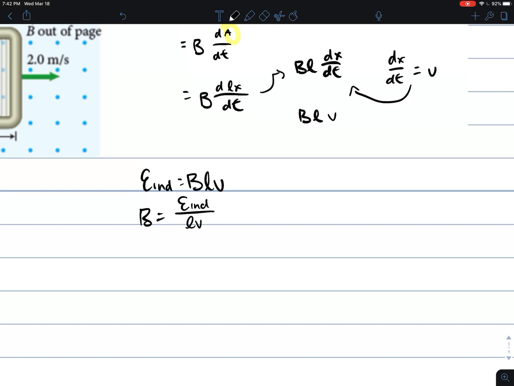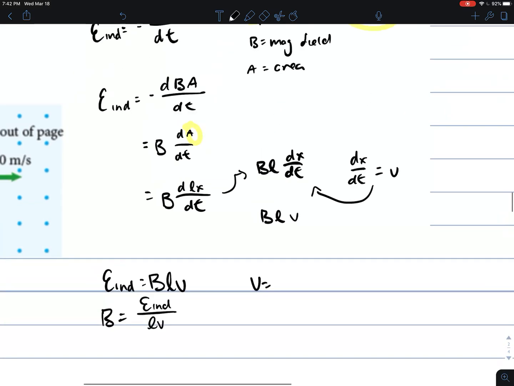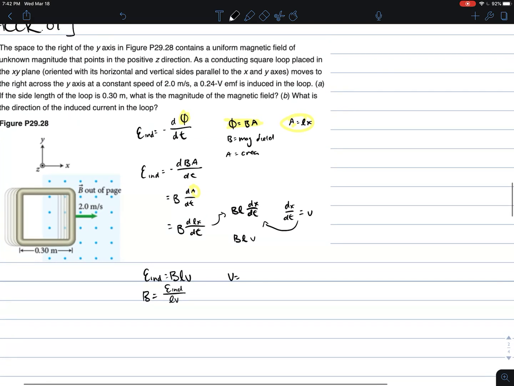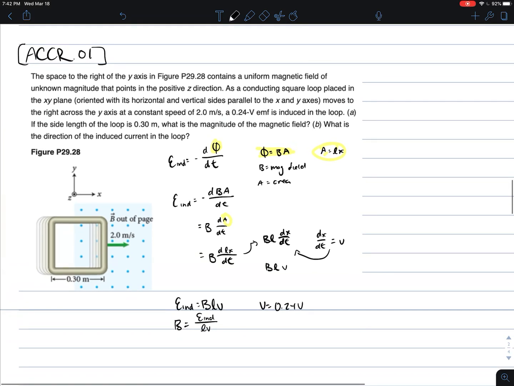So now we can substitute our values. First of all, for the EMF, if we look above, E induced is 0.24 volts. And then the side length, which is going to be L, is equal to 0.3 meters.